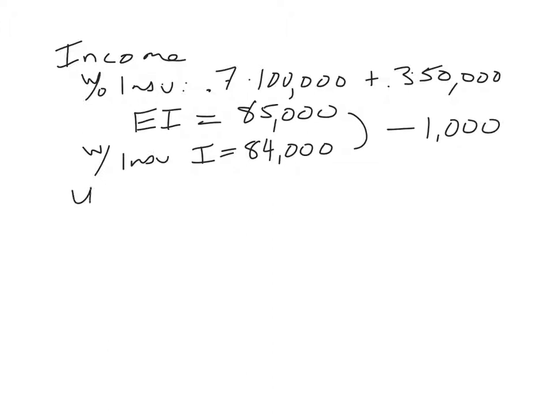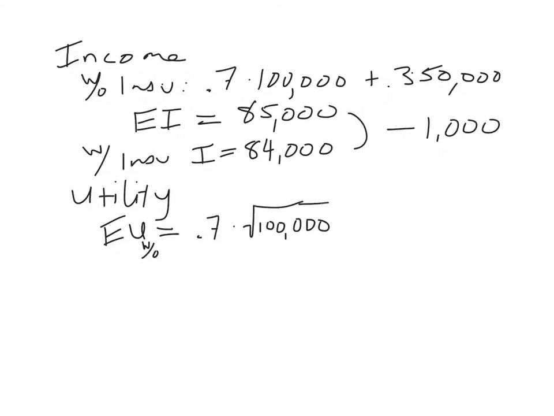As far as her utility goes, we multiply probability times the utility of each outcome. So expected utility without insurance is equal to 0.7 times the square root of 100,000 plus 0.3 times the square root of 50,000.